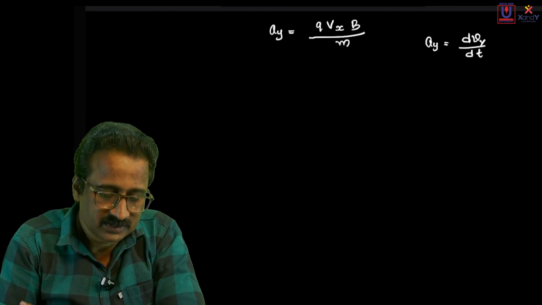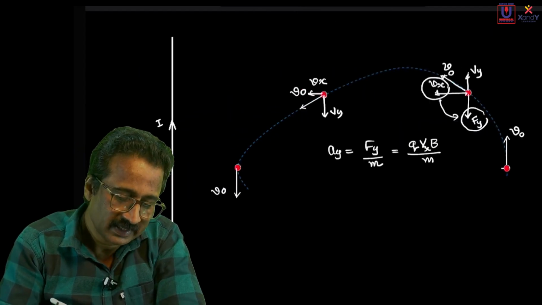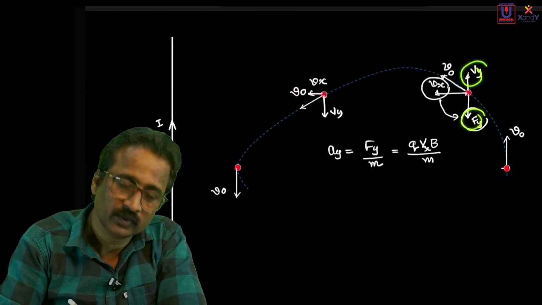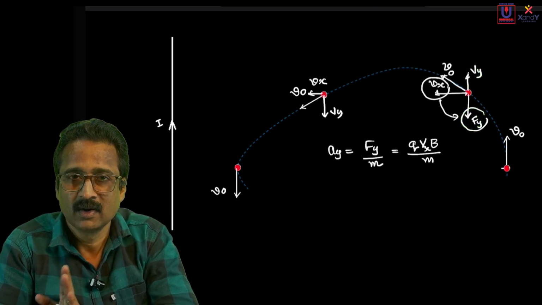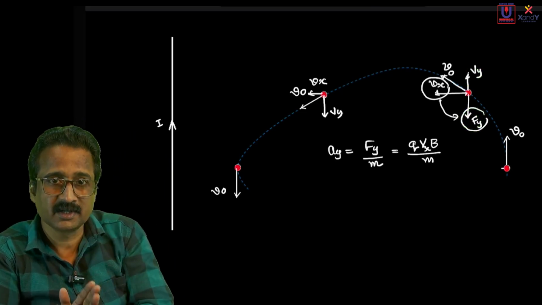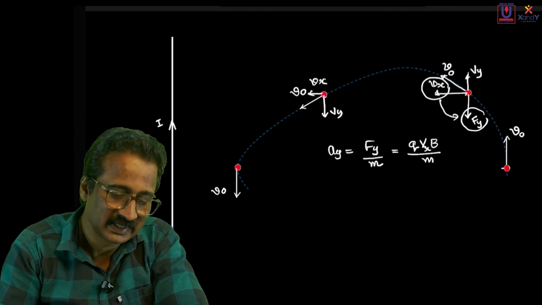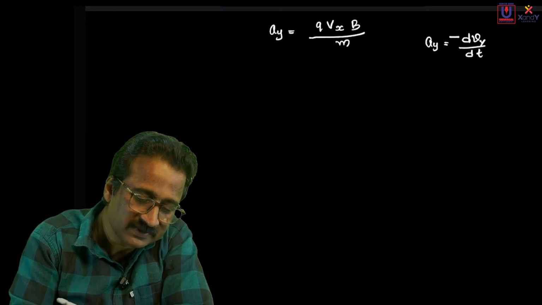But here you see acceleration is caused because of an opposite force. I told you that Vy is upward while Fy is downward. Certainly that will produce a retardation only, at least in the beginning. When compared to the initial velocity, taking the initial velocity as positive, you will see that the acceleration is negative. So in that way, this Ay must be written as minus dVy by dt.